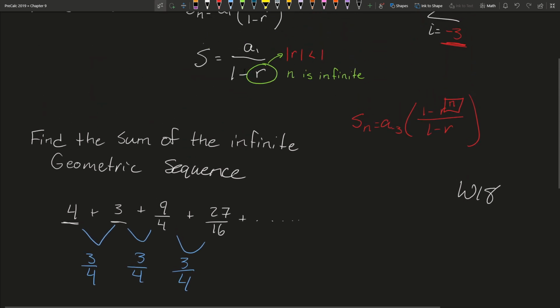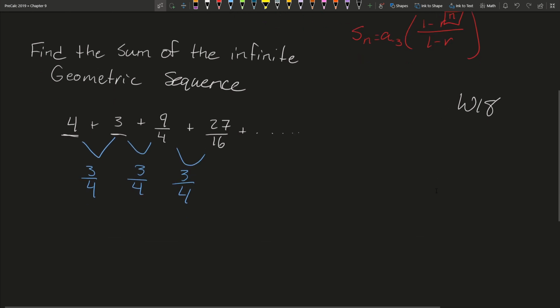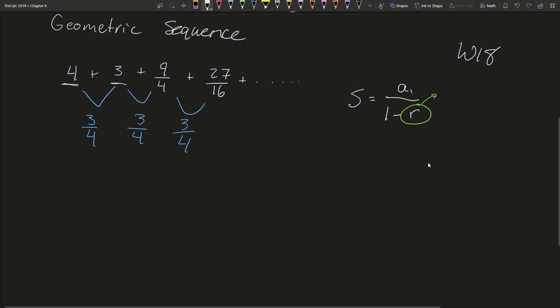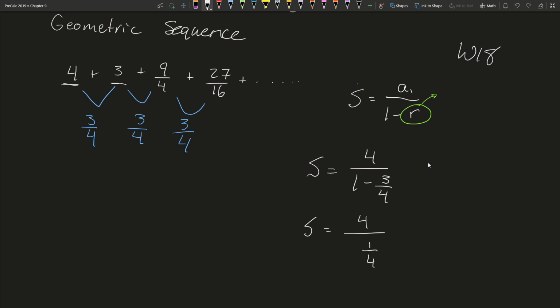For our rule, the sum of this sequence just follows this equation: the sum is the first term over 1 minus the common ratio. Then we simplify. So S is equal to 4 over 1/4, which is really 4 times 4 over 1, which is equal to 16.